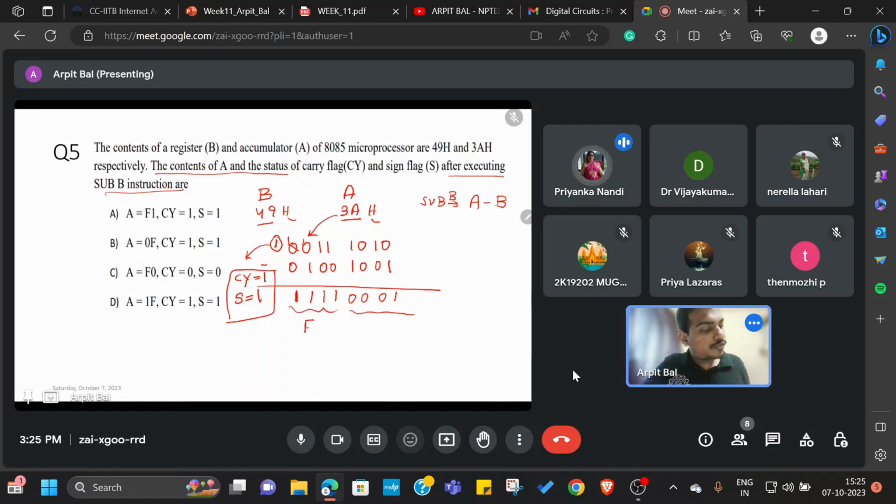It is F1. Correct. So option A is correct. Does anyone have any doubt in this question? Okay, then we can move to the next question.